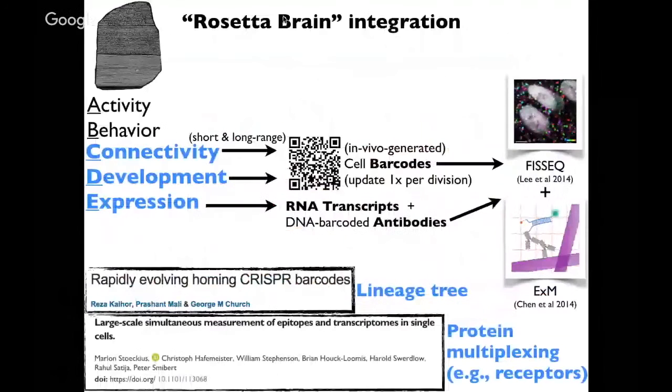And so building on what Tony said, we really do think that we could eventually achieve a kind of Rosetta Brain type comprehensive mapping where we'd be looking at connectivity with barcodes as well as with morphology, gene expression by looking at endogenous RNA using the same sequencing process, looking at many proteins also using DNA barcoding, and potentially other things like the cell lineage tree, which can be encoded in DNA or ticker tapes, as some folks were asking about in the questions.